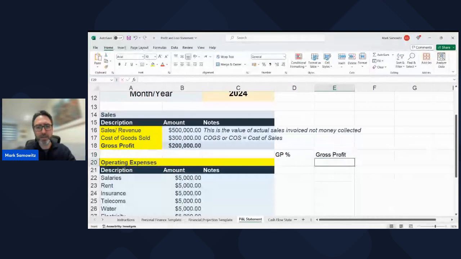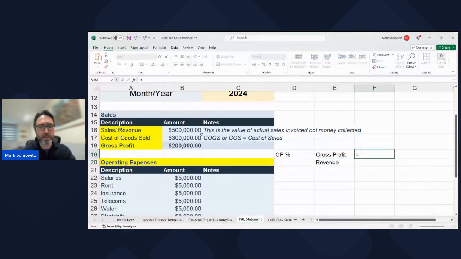So let's do that. Gross profit divided by your revenue. So let's work out the GP percentage here. And obviously we times it by 100 to get it as a percentage. So your GP is that 200,000 divided by 500,000 times by 100 to get it to percentage.